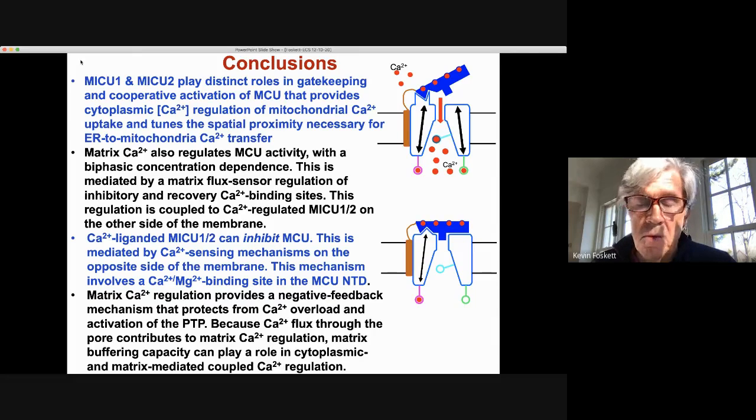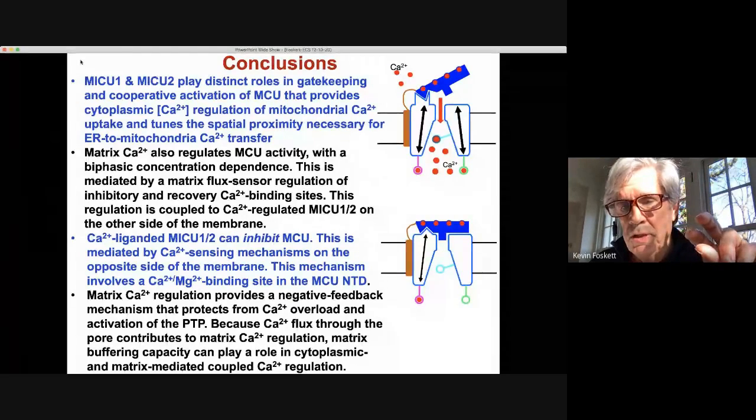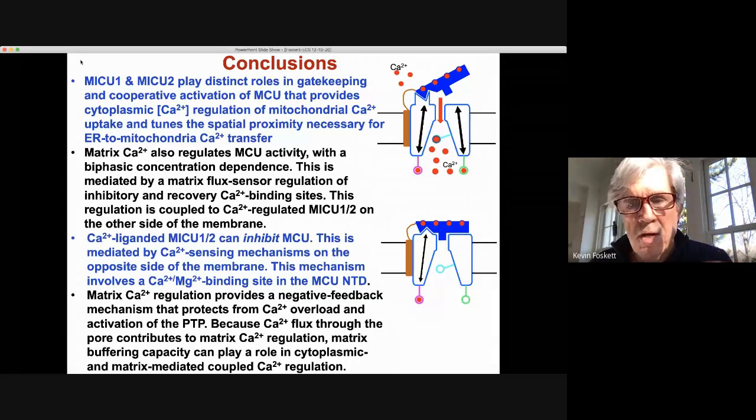What we would suggest then is that calcium binding through the N-terminal domain somehow propagates that information up through MCU or EMRE to the part of the channel that's interacting with MICU1, MICU2.